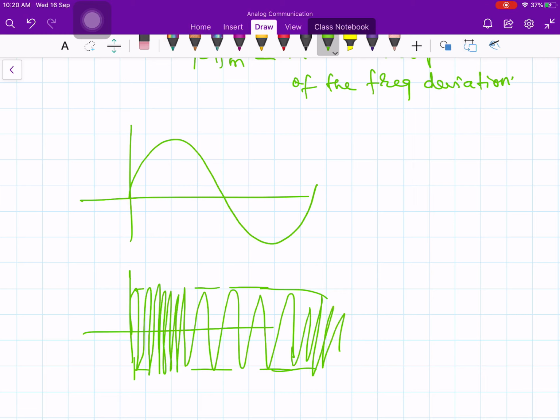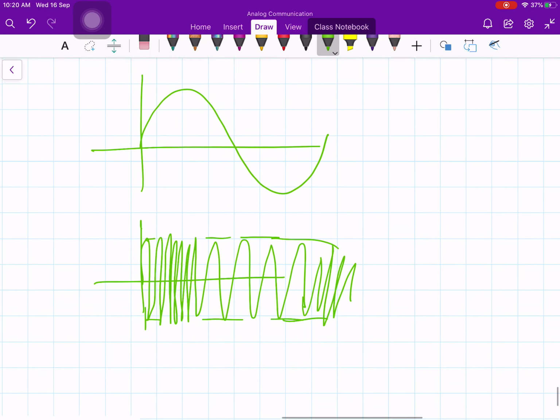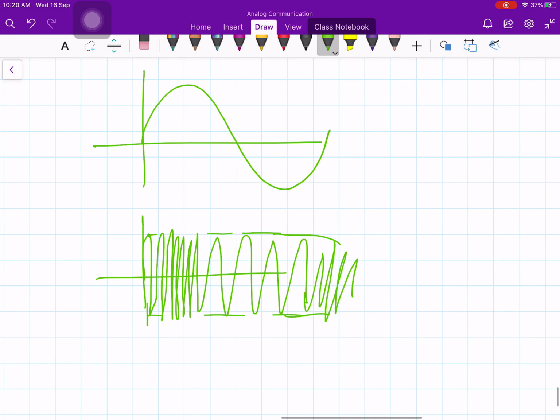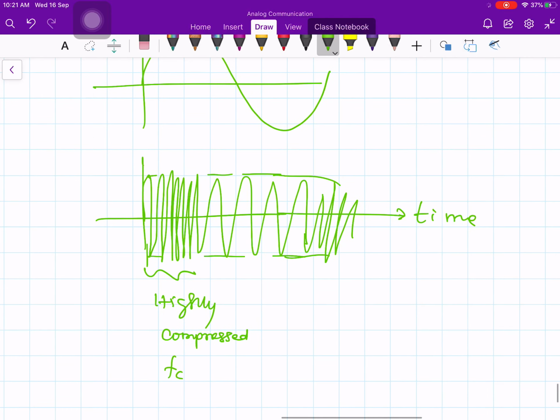At different times you have different instantaneous frequency. Remember from the plots that we made for the FM signal, at some point along the time axis the signal was highly compressed. That means more number of cycles, so maybe it reaches fc plus delta f.